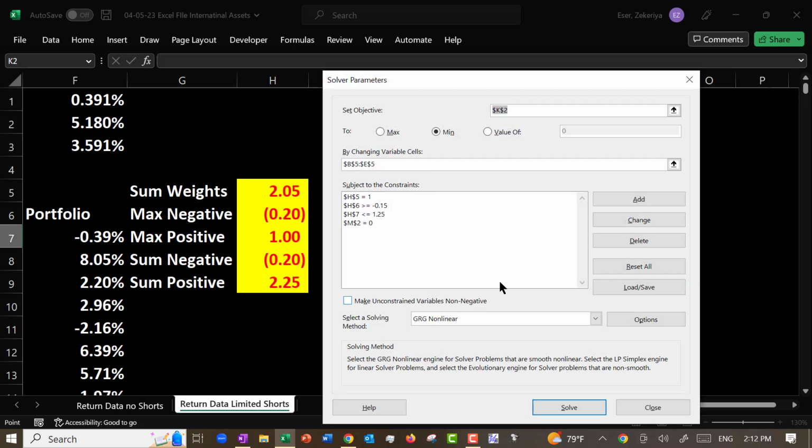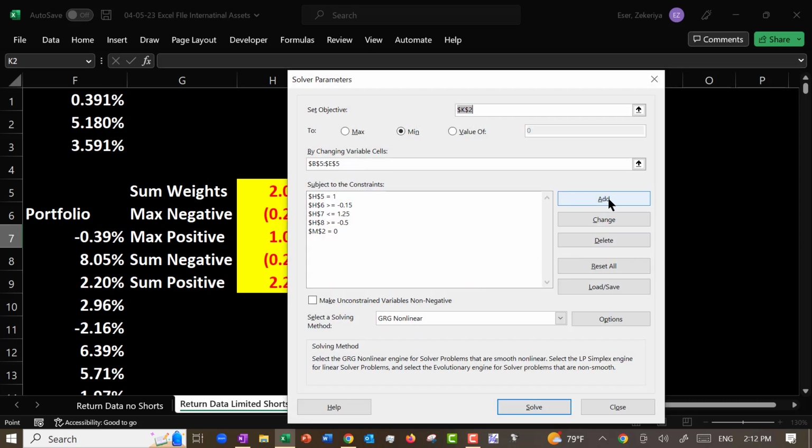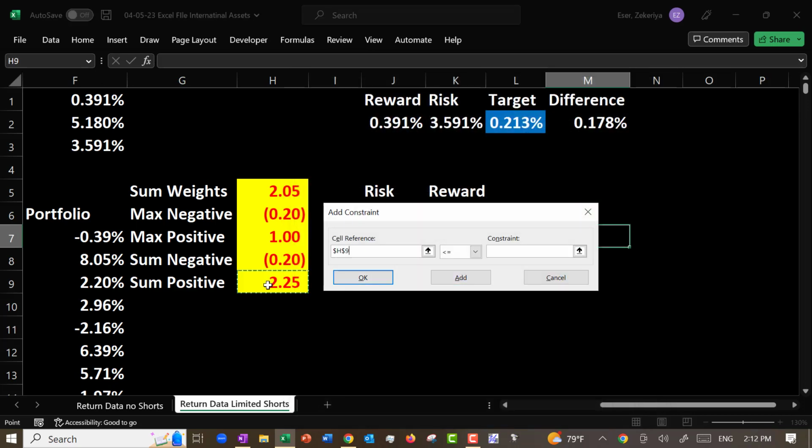I want the sum of the negative weights to be less than or equal to negative 0, oh, I'm sorry, greater than or equal to, and sum of the positive weights to be less than or equal to 1.5.